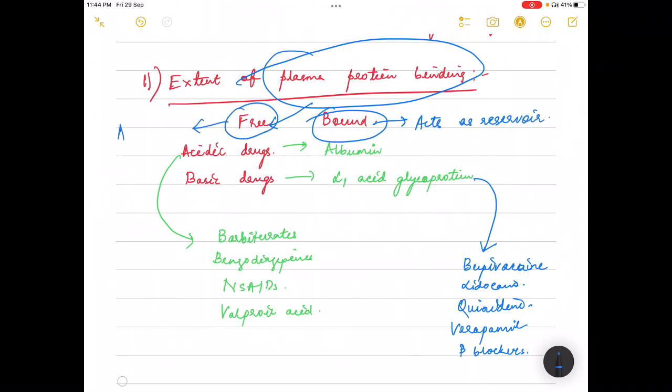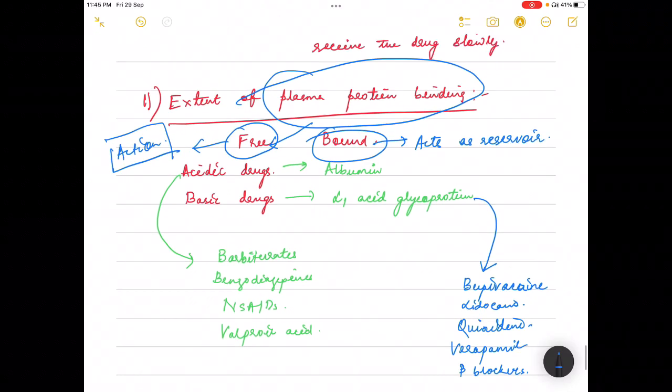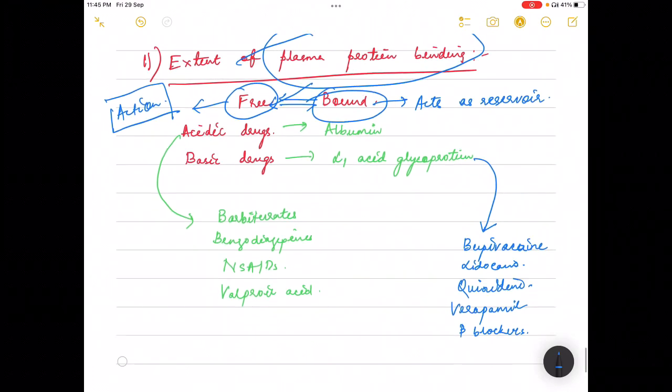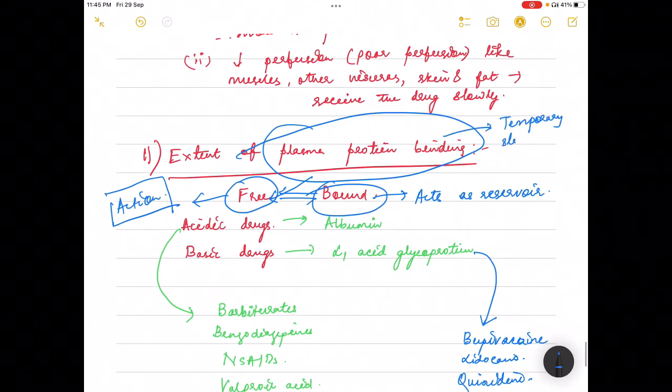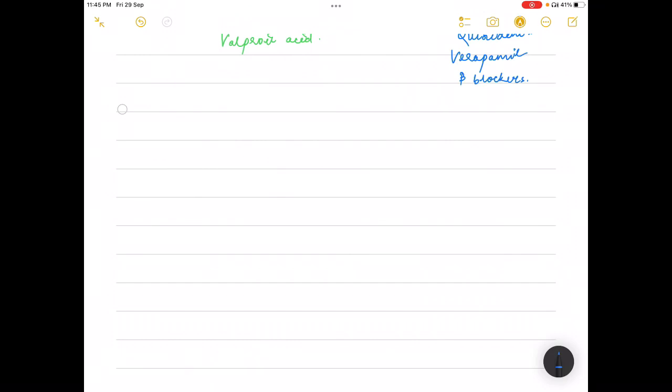The bound form is in equilibrium with the free form. So plasma protein binding, in other words, acts as a temporary storage of the drug. This determines the onset and duration of the action.